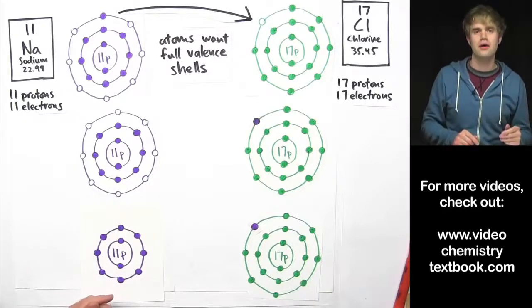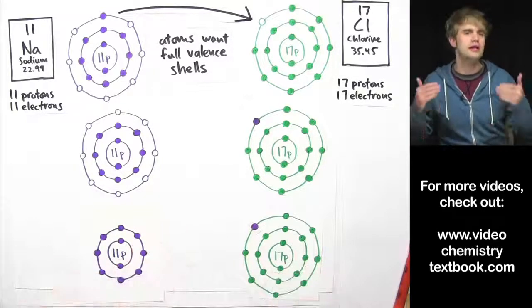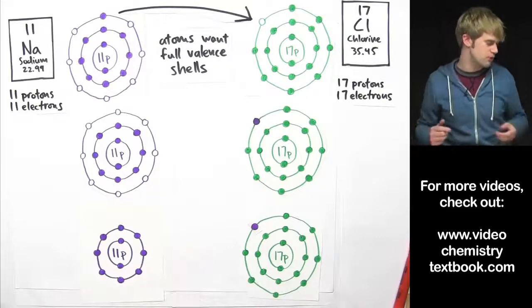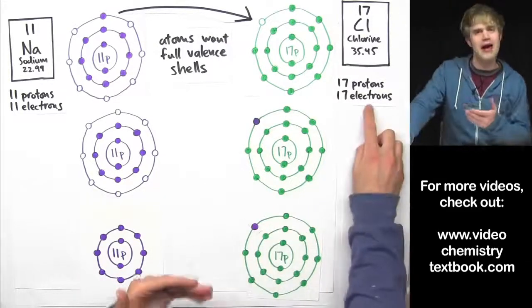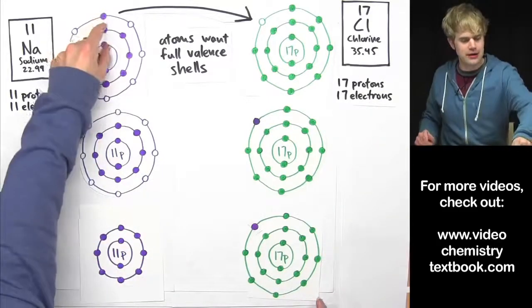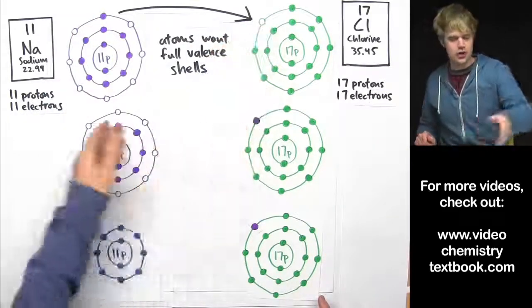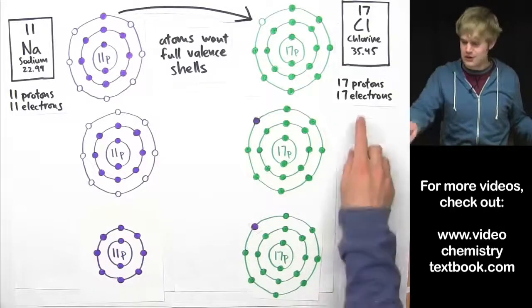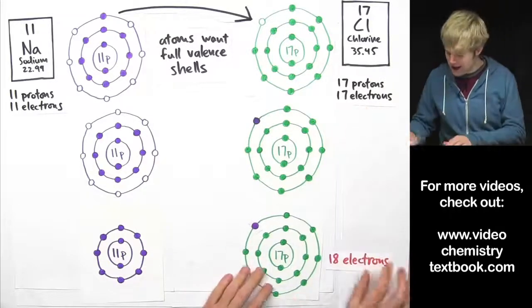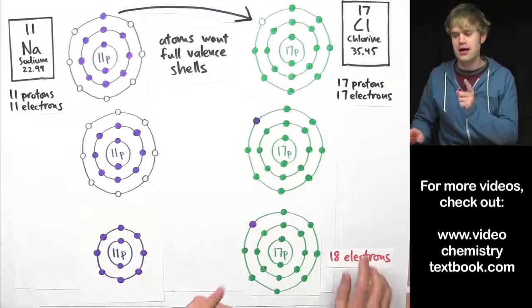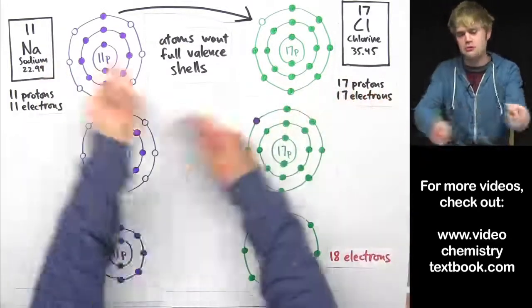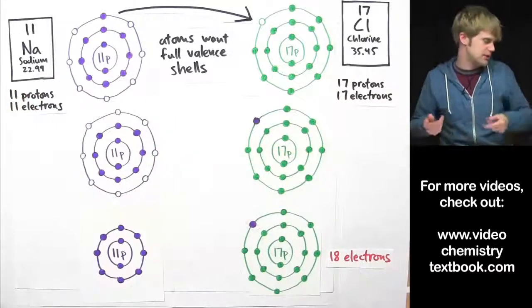They're happy. But let's talk about what's going on with the electrons here, because there are electrons moving. Over here with chlorine, it used to have 17 electrons, and then it got a new electron from sodium. So it doesn't have 17 electrons anymore. Now it has an extra one, so it has 18 electrons. But it has the same number of protons because we weren't moving protons in this example.